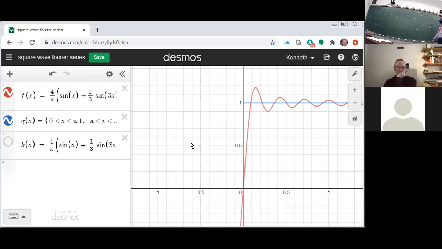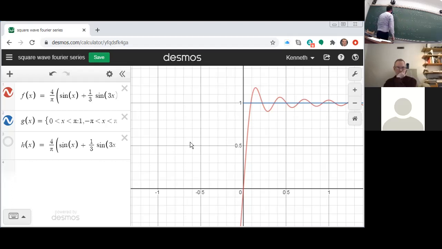For instance, if you have some function here that goes down to 0, and you want to do a Fourier series approximation of this function.